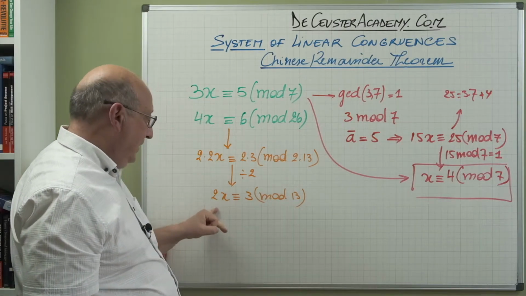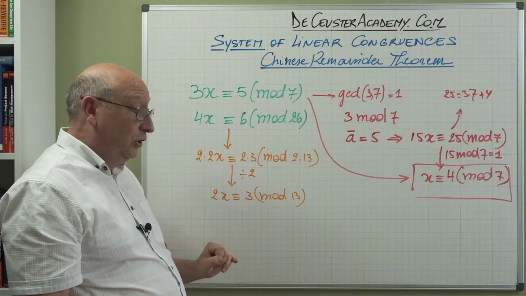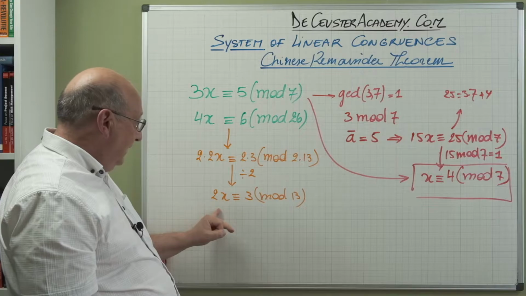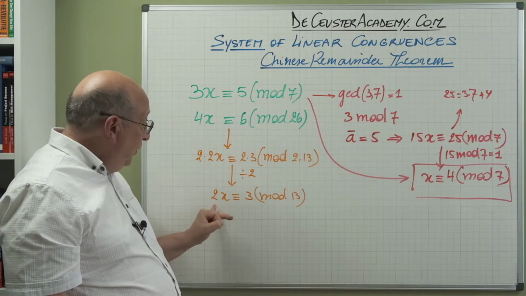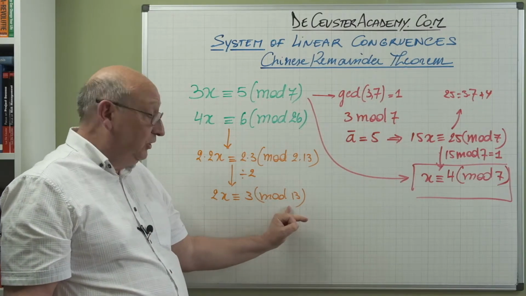And now the same thing. We have to get this x out of this expression. Now, we can calculate that when we multiply 2 with 7, we find 14, and 14 modulus 13 is 1.